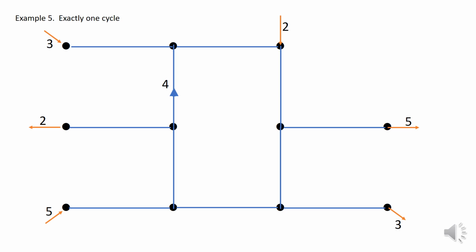Now let's go to example 5. Here we have a case of a network with exactly one cycle. So we have a balanced set of inputs: 3 in, 3 out, 2 in, 2 out, 5 in, 5 out.